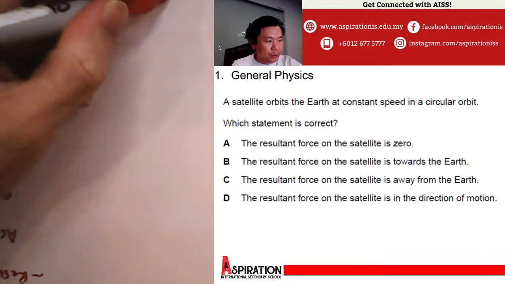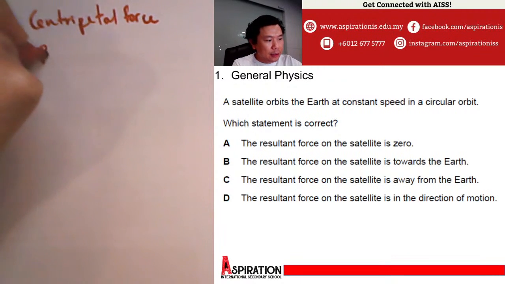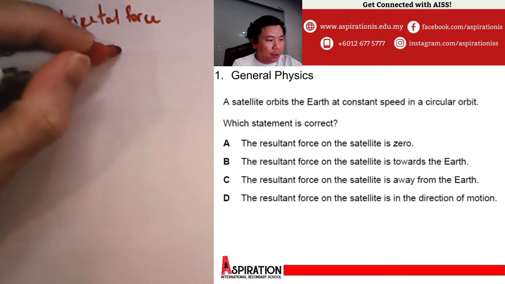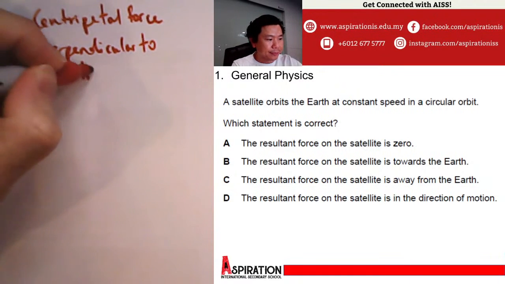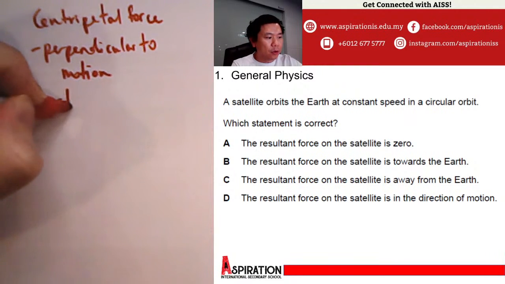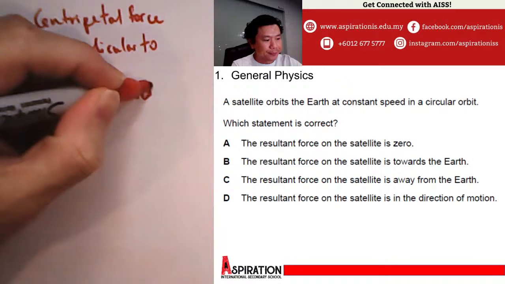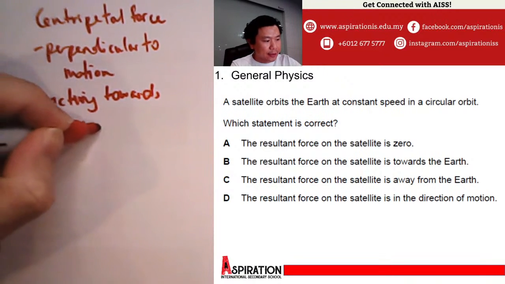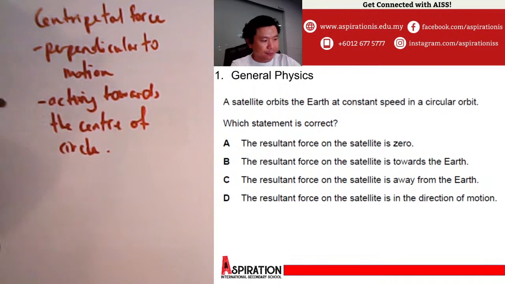For centripetal force, we know that it is perpendicular to the motion, and it is always acting towards the center of the circle. These are the two important features of centripetal force.